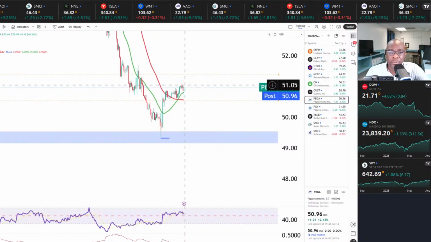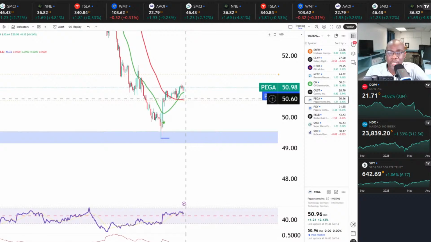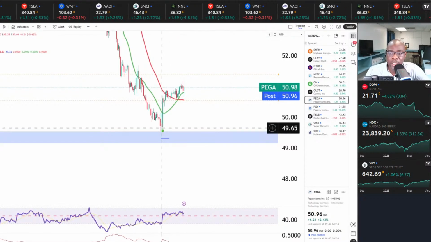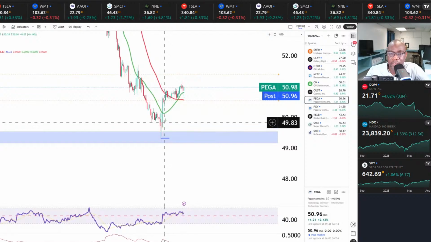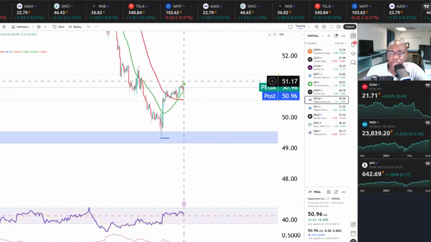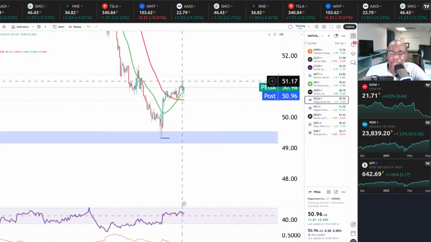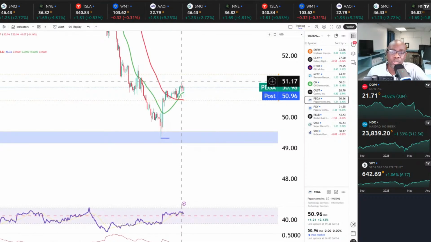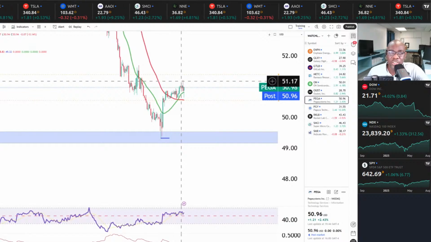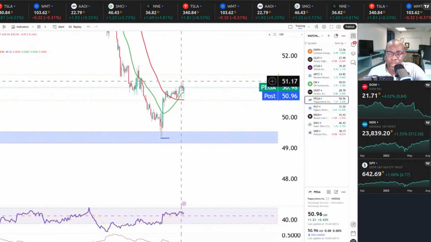Now, just to give you guys an example, if you bought one contract on this one here for $245, and the stock was at $49.65, at its highest point, which is right about over here at $51.75, I think the highest price on that option during the day was $175 for that one contract, right?